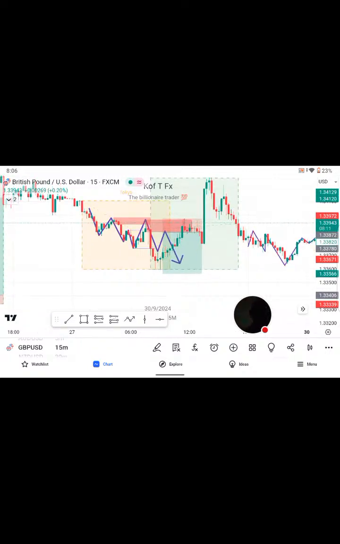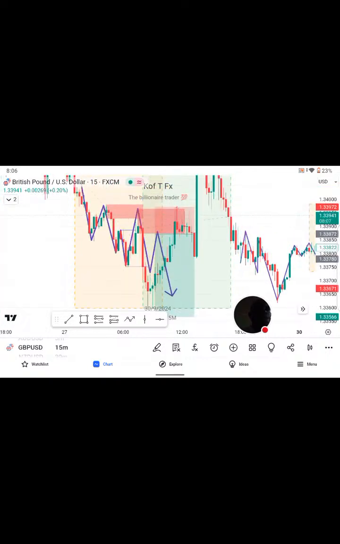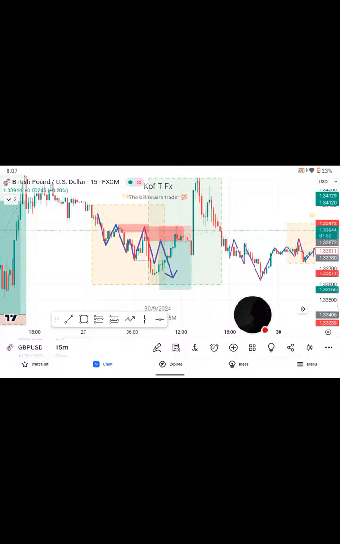So for this setup, guys, this did not have an inducement before the POI. So when price got there, it invalidated our setup and sold a little bit when they released news. So everything was completely invalidated.